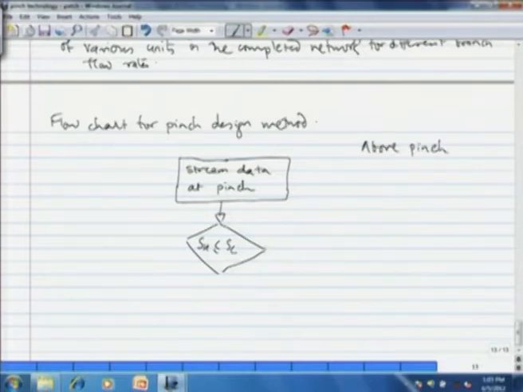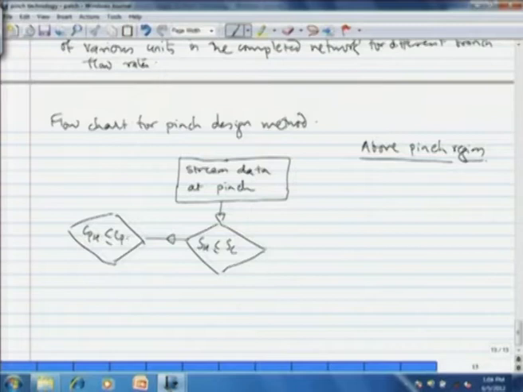This particular chart is for above pinch region. If it is satisfied, then you have to check the CP inequality constraint, CPH lesser or equal to CPC.